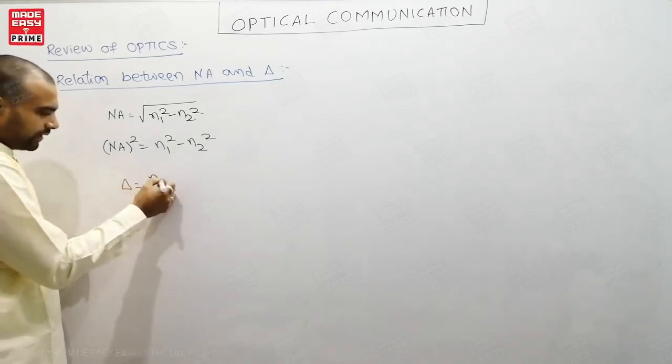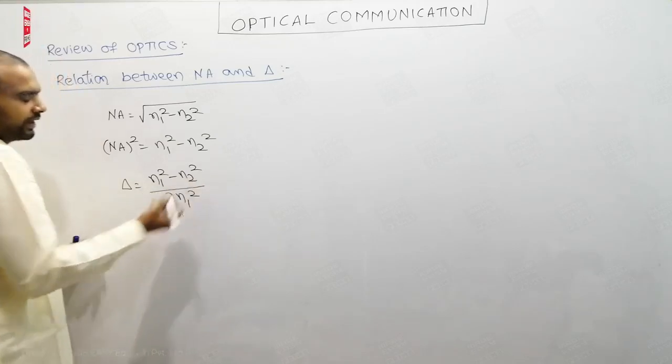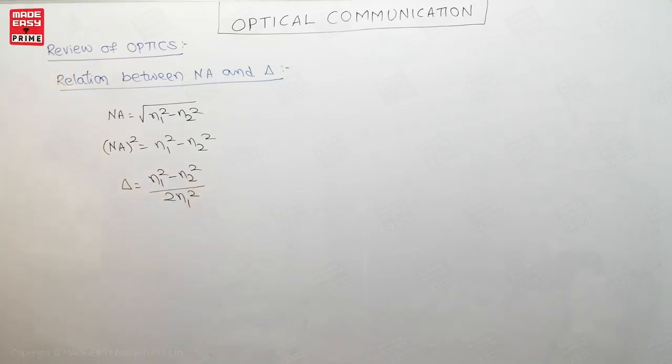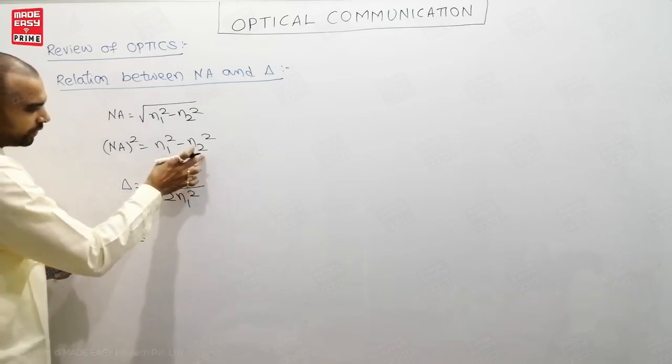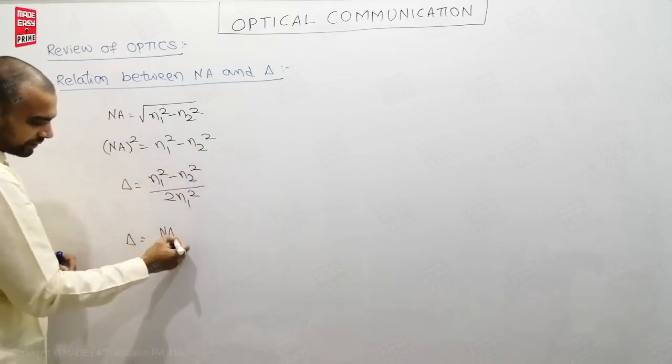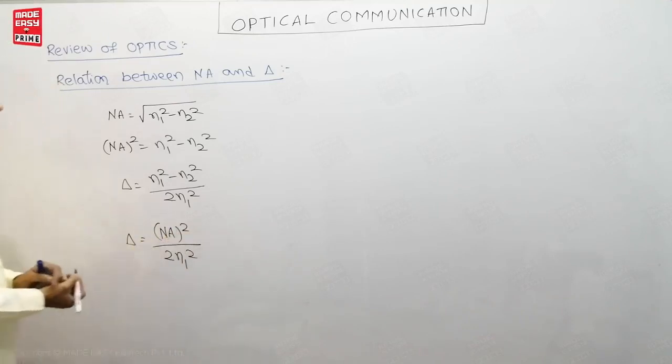Next, delta. Delta is equal to n1 square minus n2 square divided by 2n1 square. So if we talk about delta, n1 square minus n2 square is replaced with NA whole square, divided by 2n1 square.